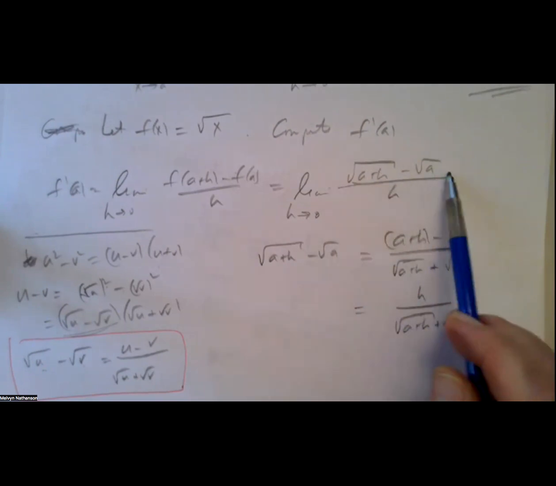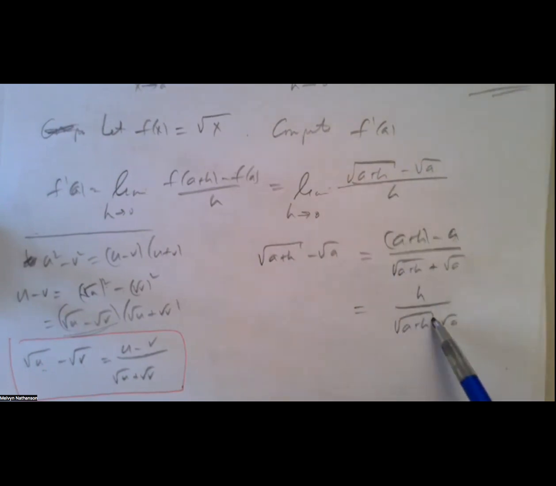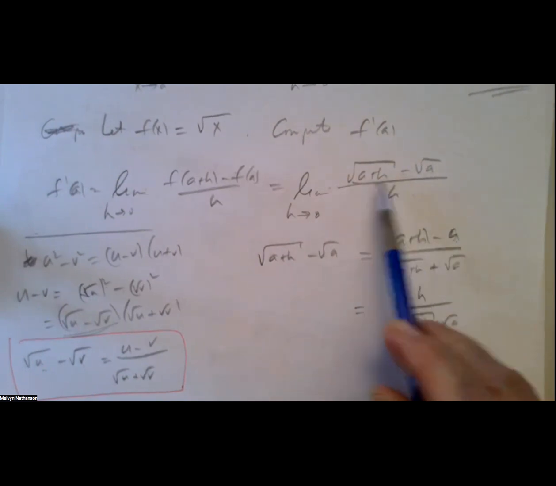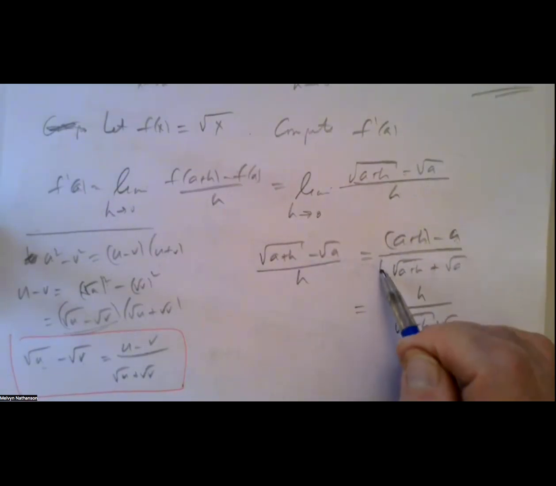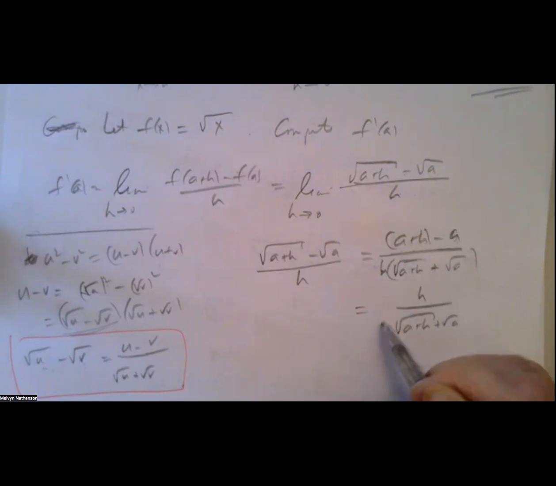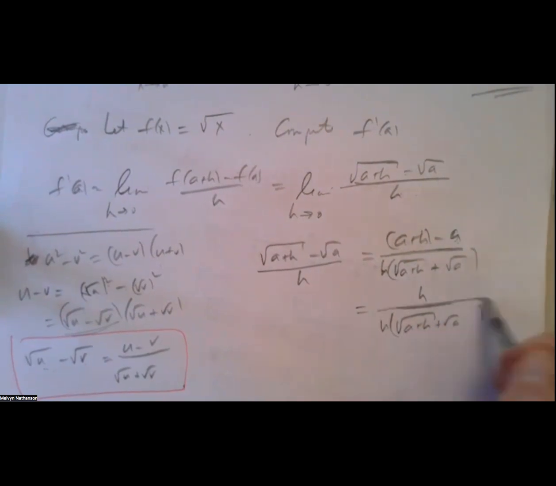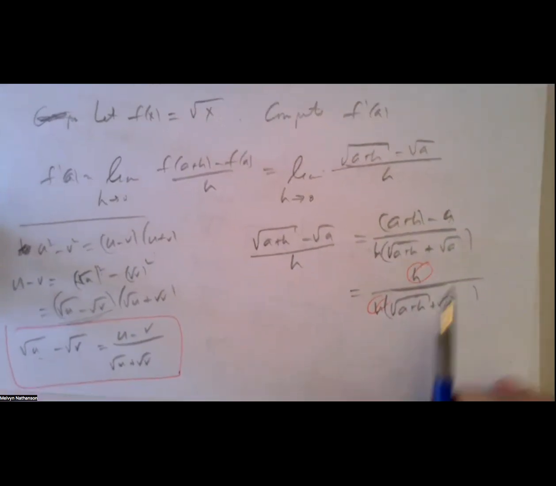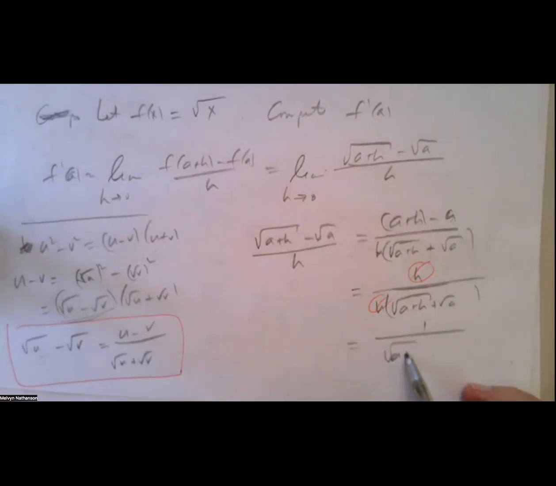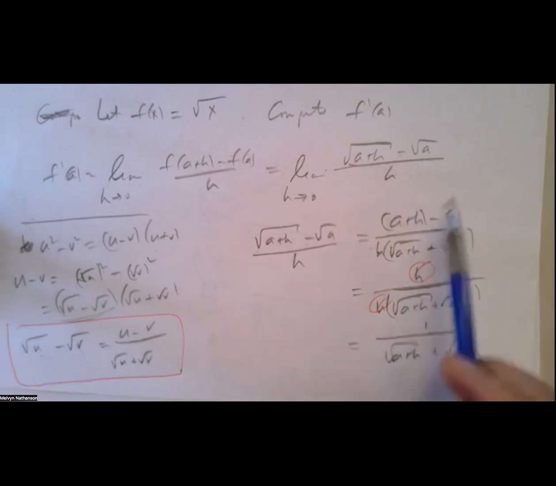So this numerator is equal to this. And if I divide by h, I get this. And here, the h's cancel. So here's a miracle. This is 1 over the square root of a plus h plus the square root of a. So this expression simplifies to this.